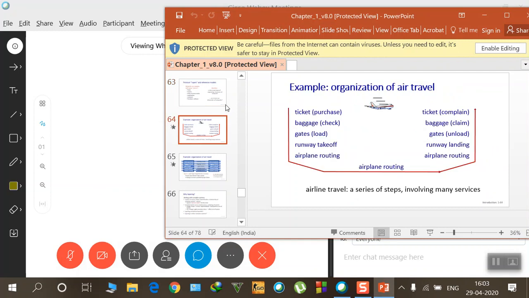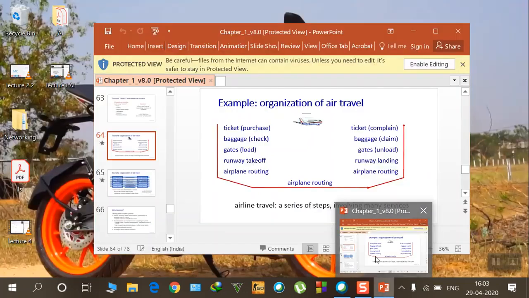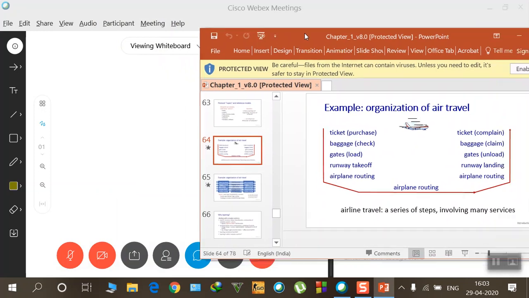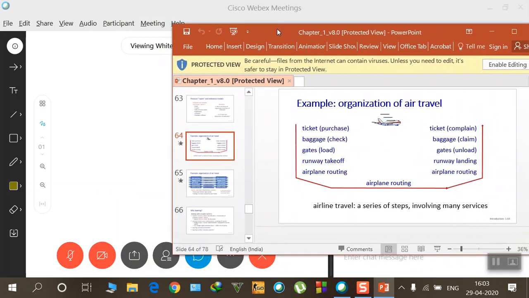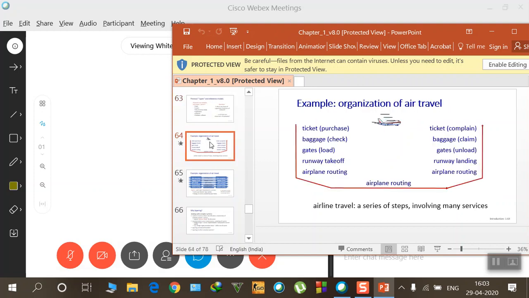This is an example of air travel. Now, when you say that I came to Srinagar from Delhi, it's a simple example, like we say I sent a packet from A to B. But how did you actually move from A to B? From Delhi to Srinagar, you first purchased the ticket, then you went to the airport, checked in the baggage, then went to the gate, went into the aeroplane, took off, right?